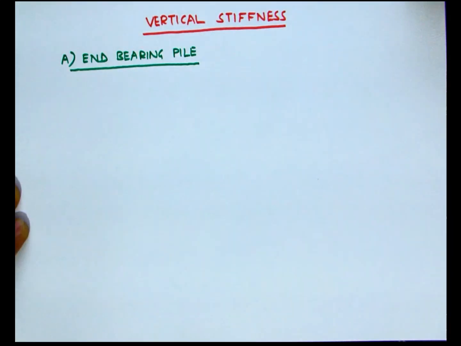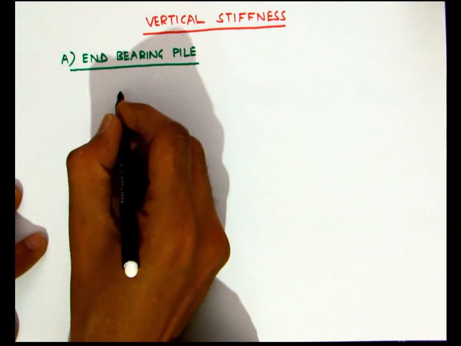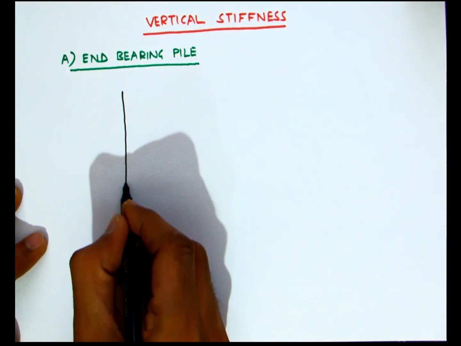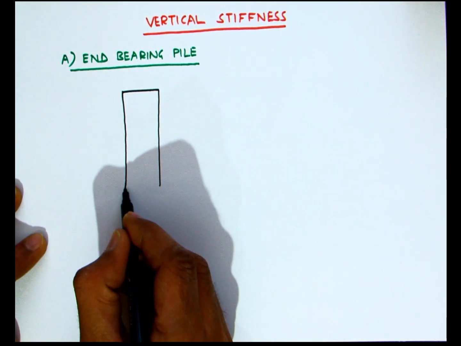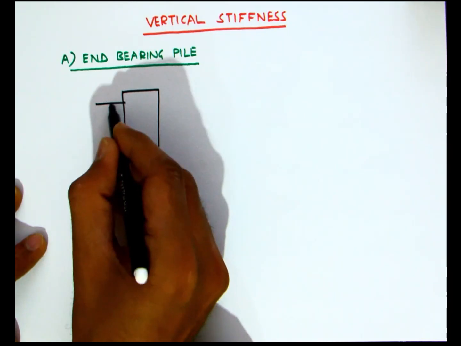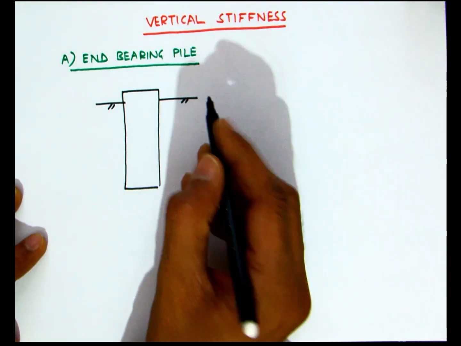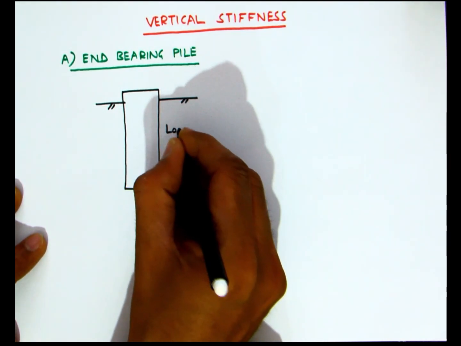Let us begin with an end bearing pile. A pile is an end bearing pile when the soil surrounding the pile is essentially a loose or weak soil, and at the bottom of the pile there is a very stiff soil or a hard rock.